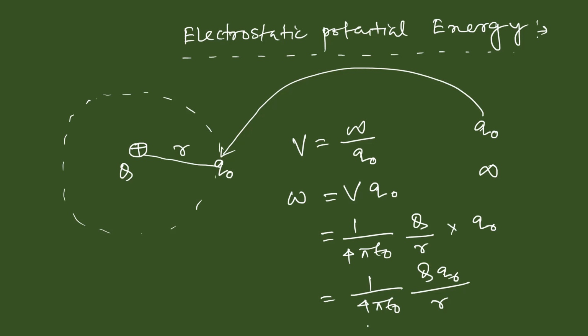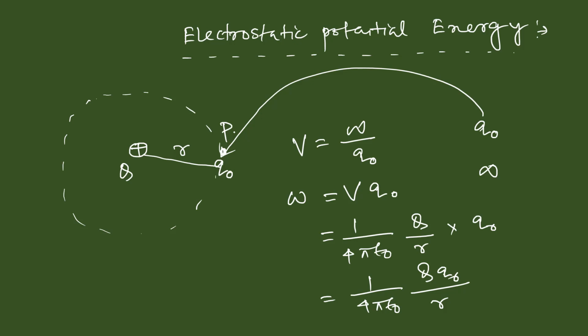Now, the test charge was initially at infinity, and it has changed its position and come into the electric field. Due to the change in its position, at this point it should have some potential energy. Let me name this point as P. At the point P, the test charge has some potential energy, since it has done some work already.